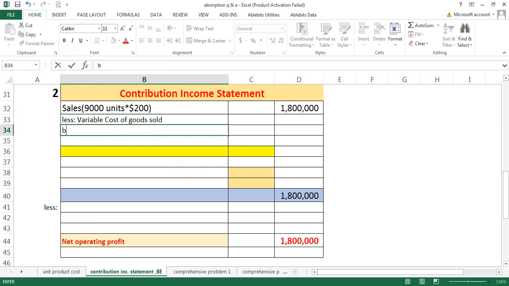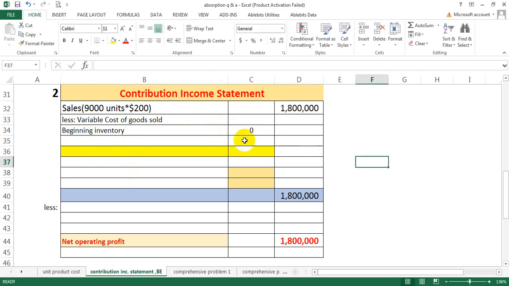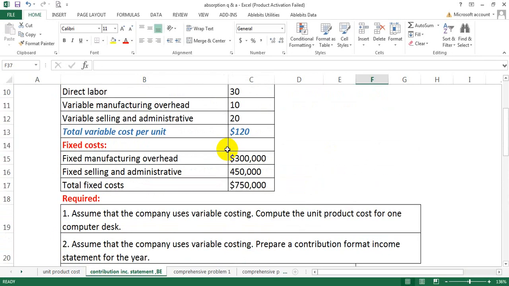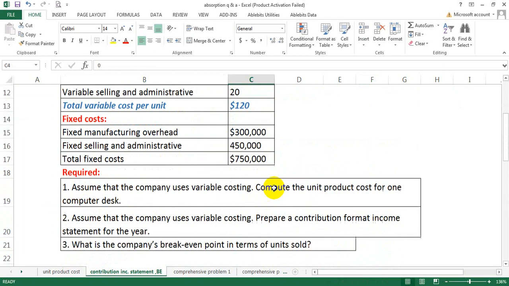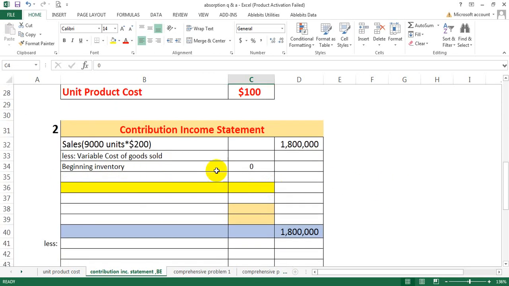First, take the beginning inventory. My beginning inventory is 0, right? How did I find it? Look, units in beginning inventory. If units in beginning are 0, it means my inventory is 0.